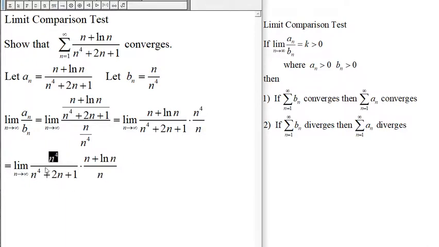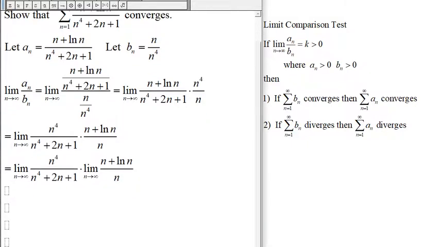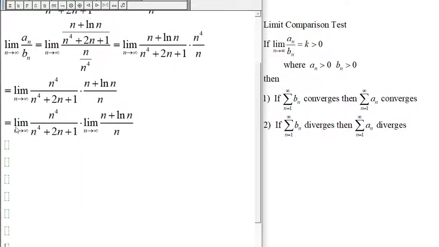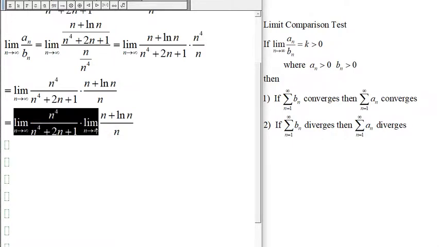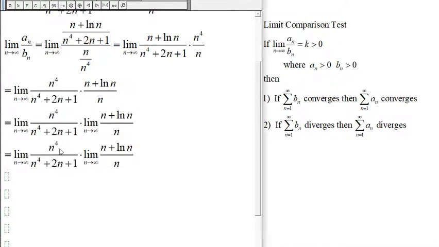And then recall that the limit of the product is just the product of limits. And then for this one, we can divide everything by n to the fourth. So divide the top and the bottom by n to the fourth.